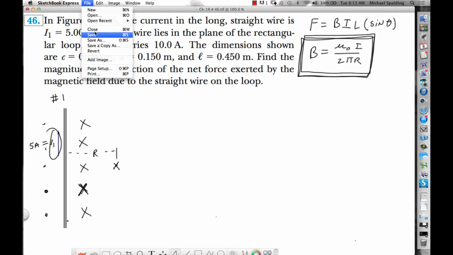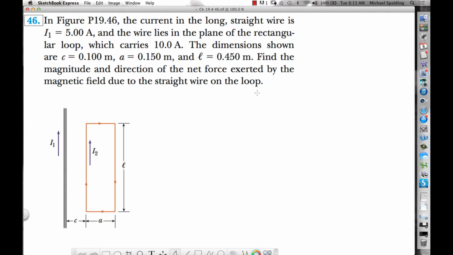Okay, now let's revert this. Okay, so now let's look at what's happening to wire number two. So we've already established that over here, the magnetic field's going in, right? Because in this problem, wire number one creates the magnetic field. So the magnetic field's going in.